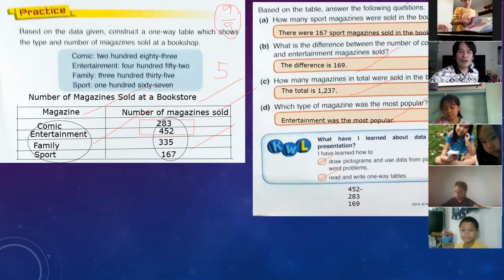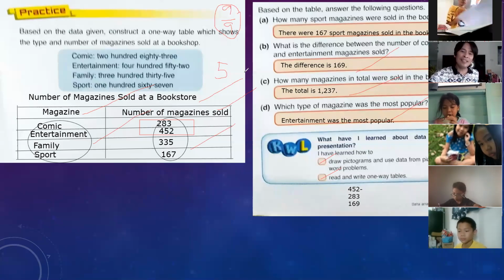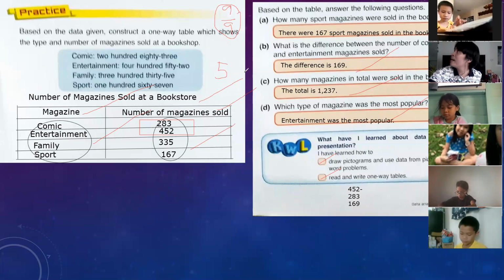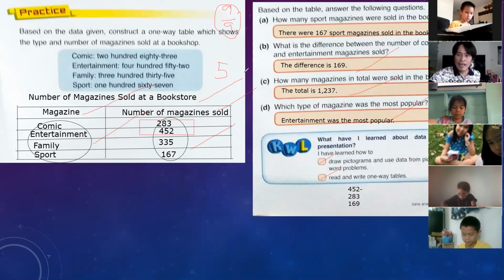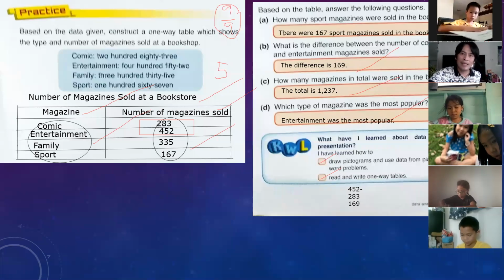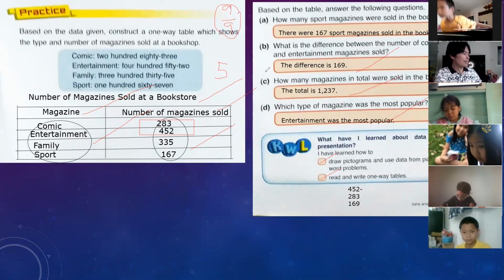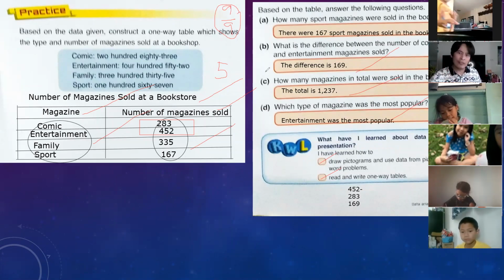Okay. Now let's go to our workbook. If time is not enough, we still have 40 minutes, I think. Then you come back. Okay, there are only 2 pages, so we have to finish.